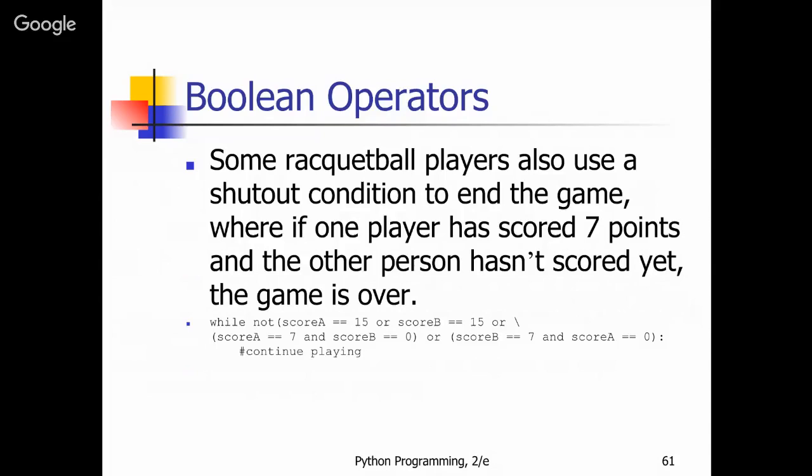In this case we use and, because if one of them has 7 but the other one has 3, that will not be sufficient. They have to be both true. When they have to be both true is when we use the logical and, right?